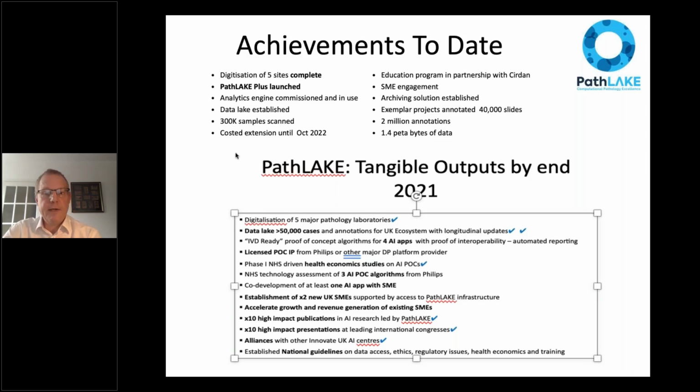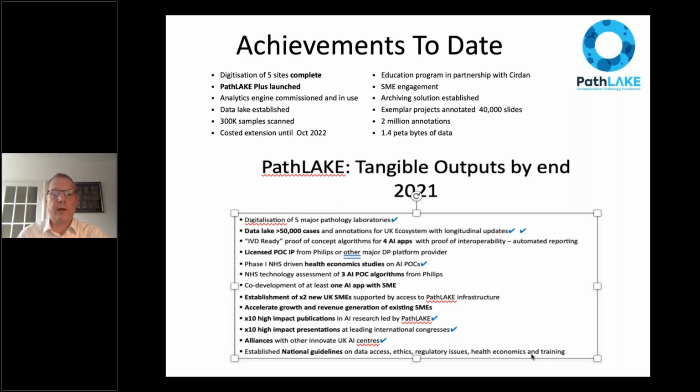Admittedly, they're not all immediately available for research, but as we go forward with the cleaning of the metadata and curating those data sets, they will become available for research in the future. We have done considerable amounts of work on the development of our algorithm, which I'll speak about in a moment. And proof of concept has been delivered for each of the use cases which we set ourselves initially.